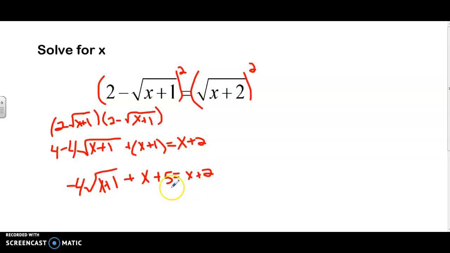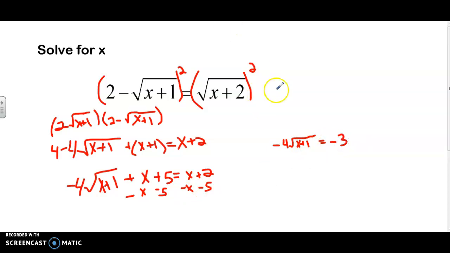At this point now, I will try to isolate the radical sign. So I'm going to subtract x and subtract 5 from both sides. And I get negative 4 square root of x plus 1 equals, well, the x's cancel out, and I'm left with negative 3.